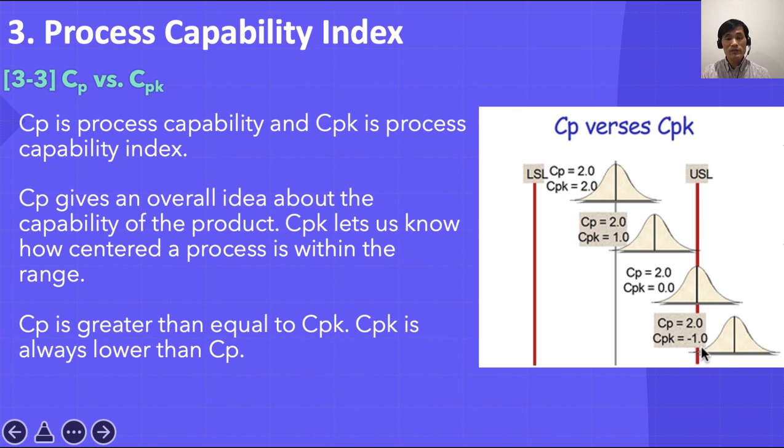If Cpk is negative, then it goes out of the specification, yet the variance is very small. So this is a case that we have to really consider, because the process is good. However, the specification is not meeting the process specification you have. So somehow it has to be shifted to the center line.